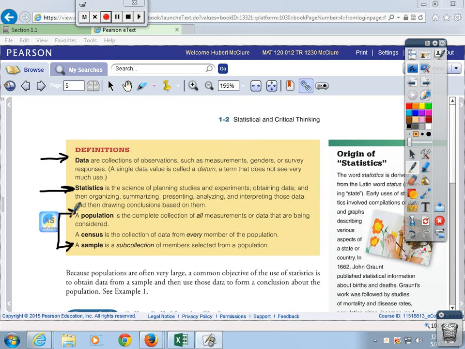Now, these 2 guys, population and a sample, that's the 2 groups that we work with. This class, the 6 or 8 people that are here right now, if I asked you what's your favorite color, and y'all said blue, then I would say, okay, the sample said blue, so the average favorite color at the Anderson campus is blue, based on the sample.